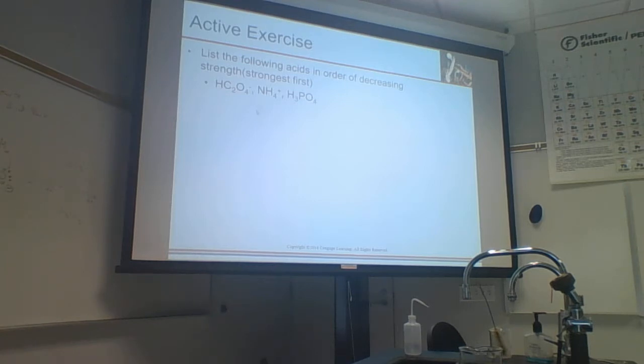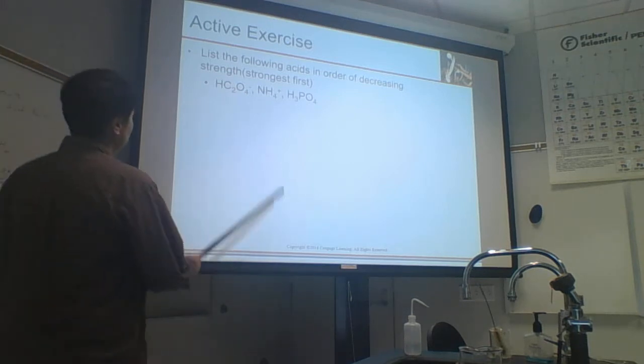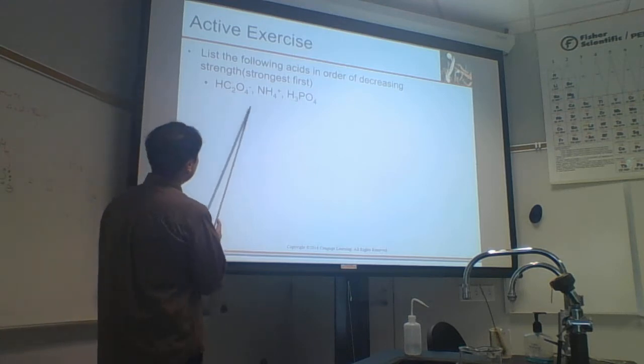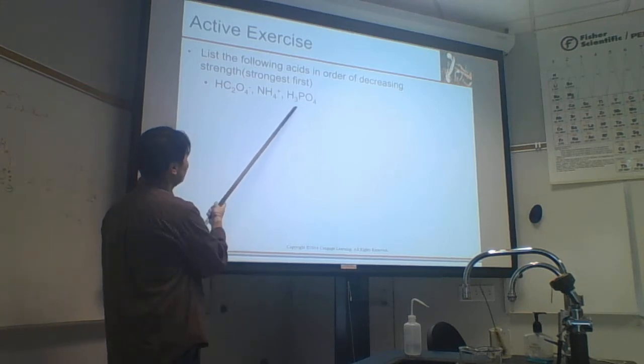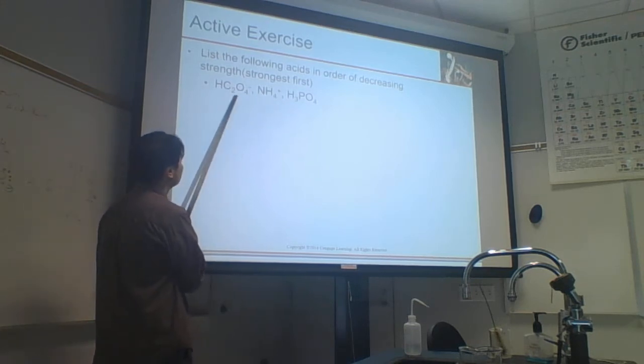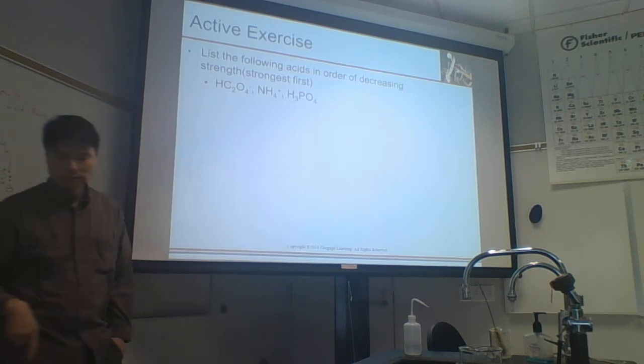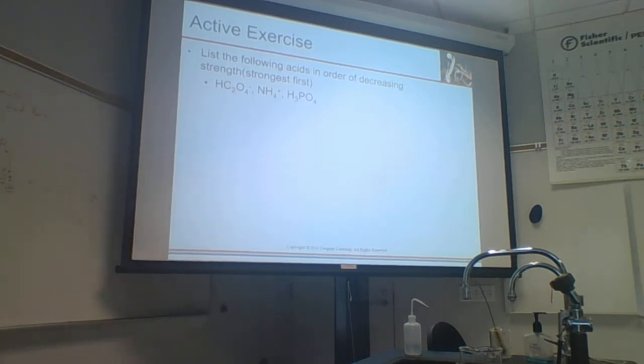List the following acids according to decreasing strength. Just take a guess. Which one of these do you expect to be the strongest? Phosphoric acid, ammonium ion, or hydrogen oxalate, bioxalate?